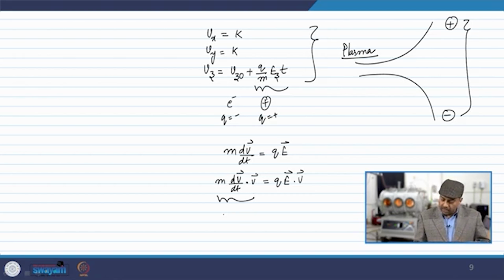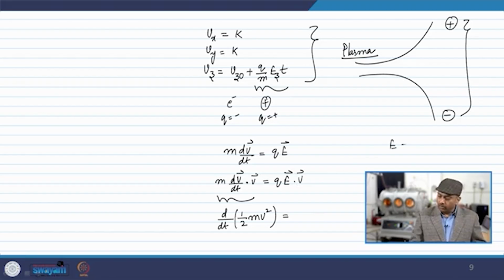So, we can write it as d by dt of half mv square, right. You take this derivative inside, V square is 2V dV by dt, 2 gets cancelled, you still have the same form as on the left hand side, right. So, we will write q times E dot V, right.